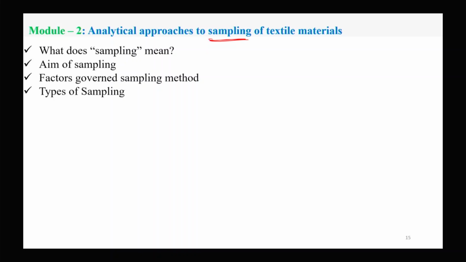For example, if you have a small quantity of fiber, this much quantity of fiber I have got, and I want to test the fiber length or fiber strength, I'll sample differently than if I have say 100 bales of fibers. So for that, the governing method will be different.